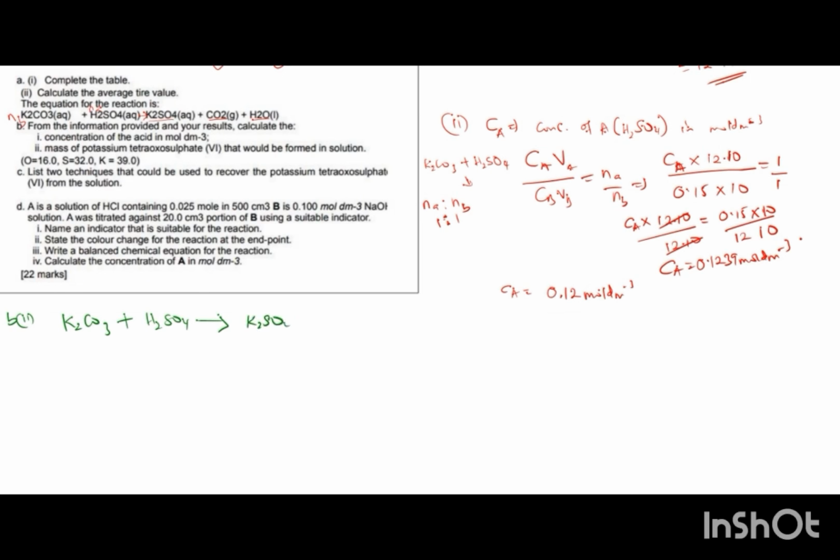Maybe you don't need it, but let's write it out first. I told you it's a 1 to 1 ratio, so there's no need for us to balance it anymore.